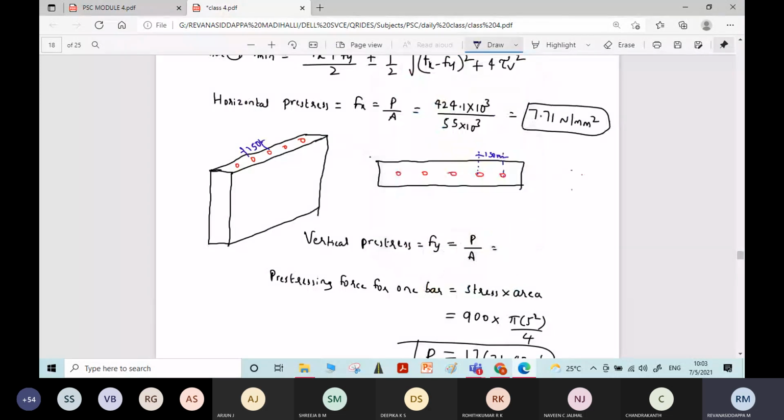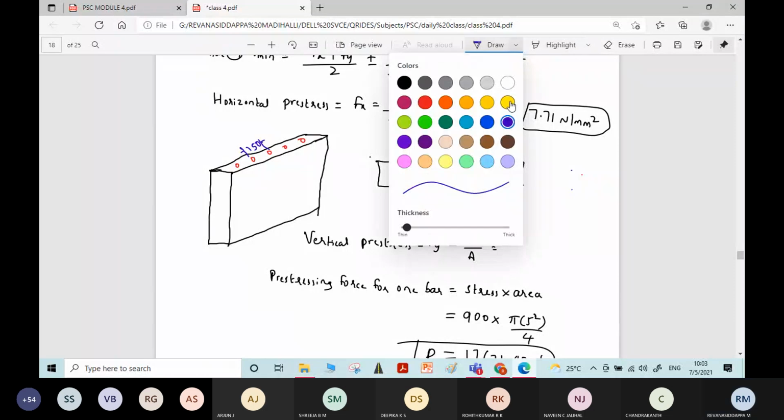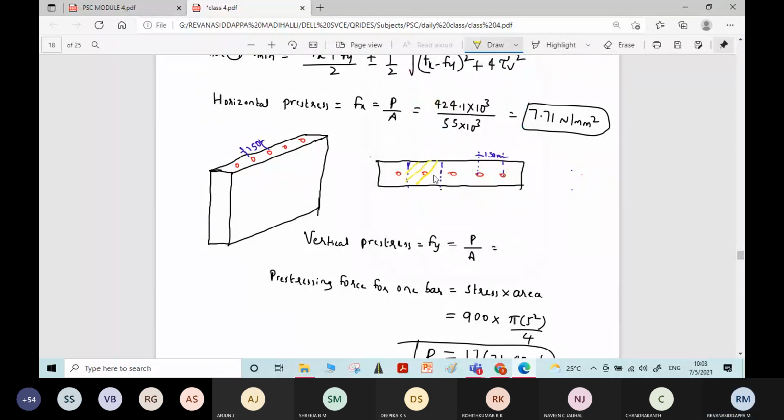The effective area of cross section for one particular bar will be here.